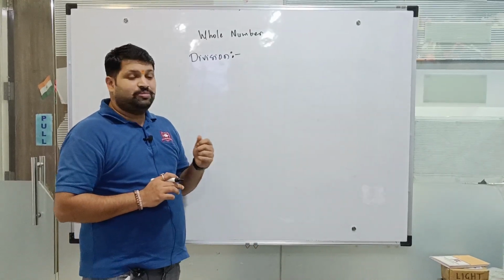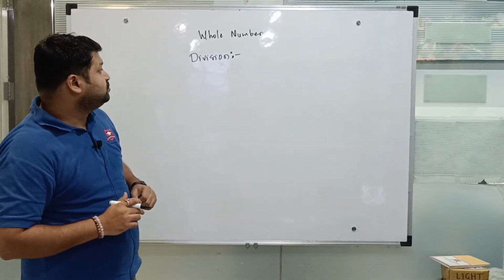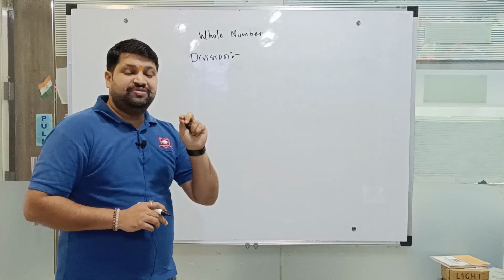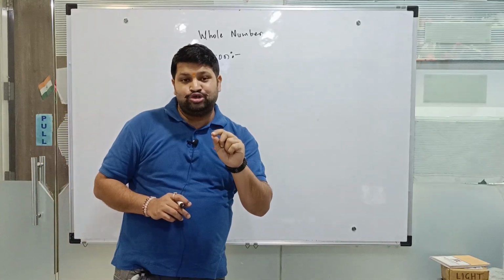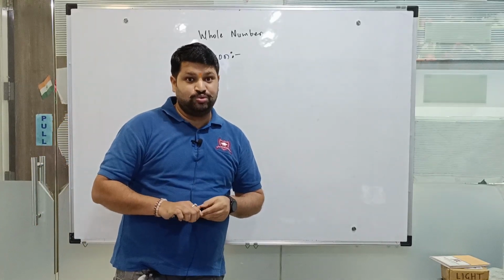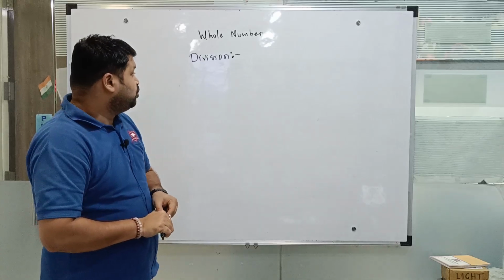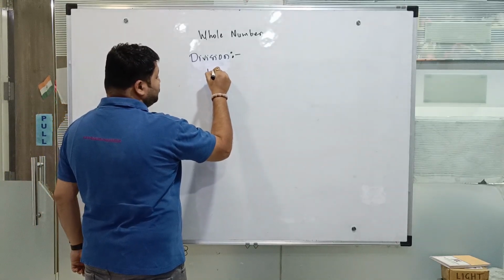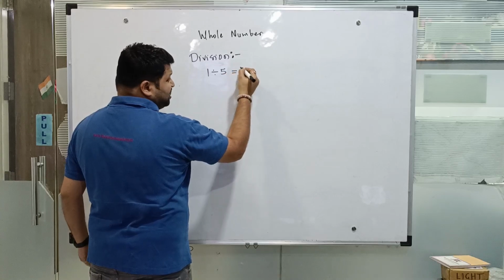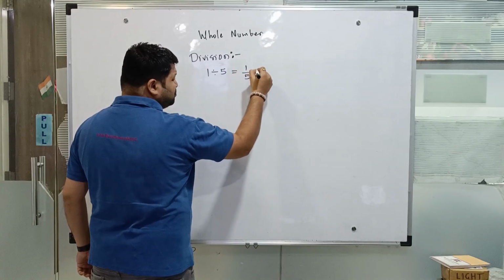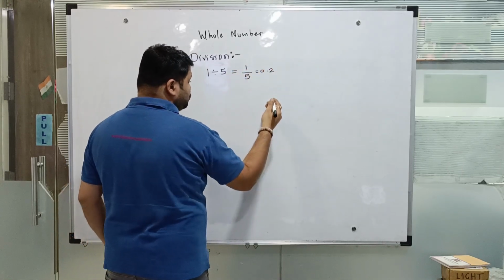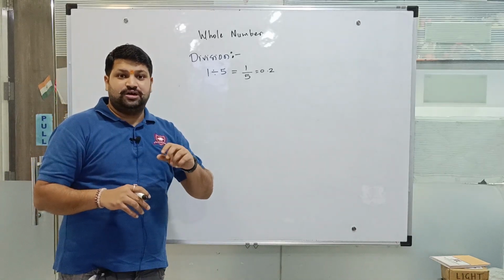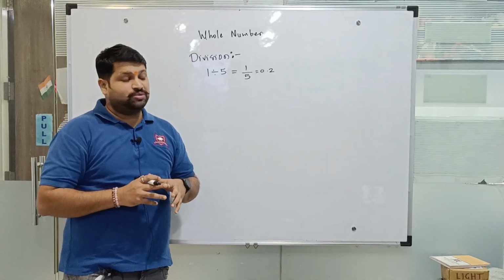Now let us talk about division of natural numbers. This is slightly tricky because 0 is also included. If we divide 1 by 5, that becomes 1 by 5, which is 0.2, which is not in the set of whole numbers.